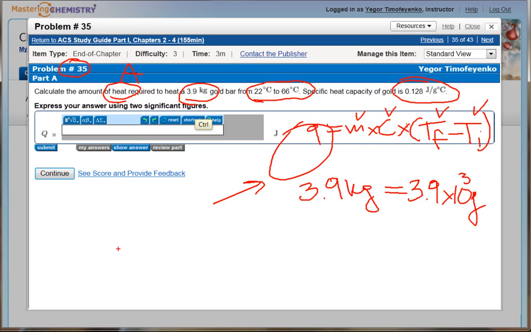So now we just have to plug this all in, and our heat is equal to 3.9 times 10 to the third grams.